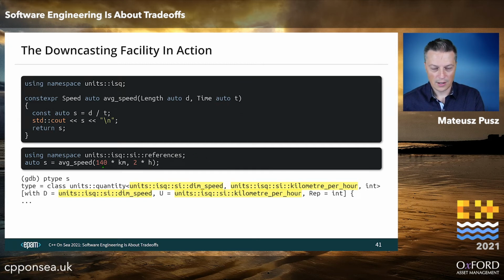So the Donecasting facility allows us to take length and time, do some template metaprogramming magic to find the dimensional equation for the result, and then find out that this dimensional equation result is actually the predefined type provided by the user called speed.